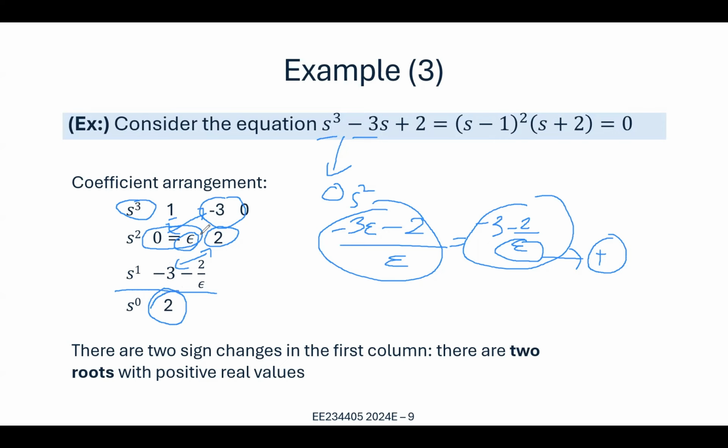So here this is the same as this, right? And we know that there are two sign changes here in the first column of the arrangement, which implies that there are two roots with positive real values. So that would be the third example.